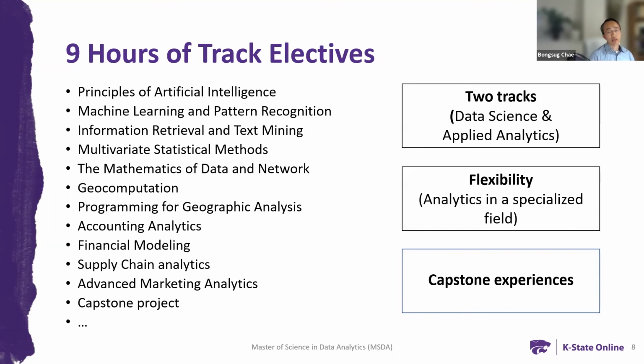So in the capstone project, students work on a real-world project for a real-world client, and our industry partners provide the projects, and students work as a team, and they play a role as data analyst, data scientist, or data engineer, working on a project for one of our industry partners. So again, some pretty unique aspects of our program: 2 tracks, and also flexibility and capstone experiences.